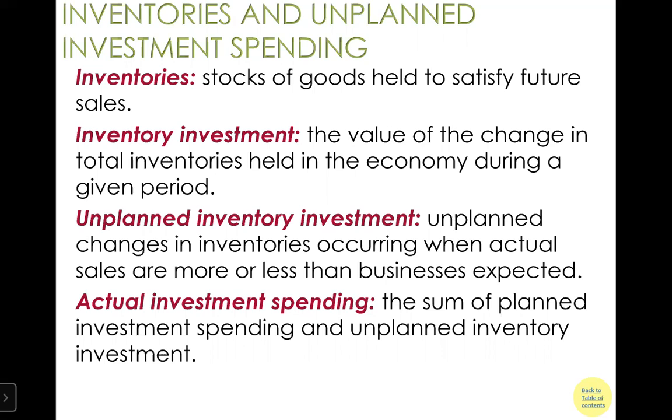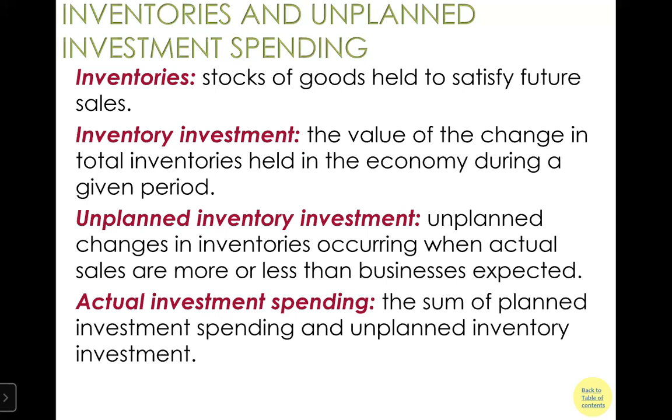On the other hand, if demand is very weak, they cannot sell the cars, but at the end of each month new cars still come in as usual. Now you can see inventory investment is piling up. So what is unplanned inventory investment?